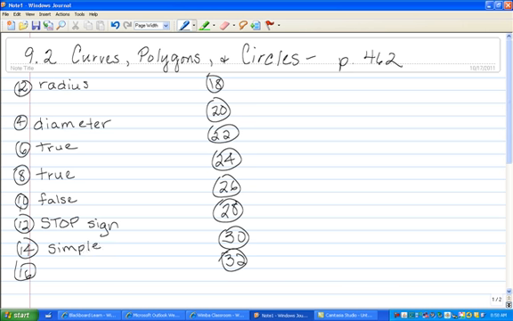It's not closed. Number 16 is simple and closed, so that one's both. Number 18, that one's closed, but it crosses over itself, so it's not simple, so it's closed. Number 20 crosses over itself, but it's not closed, so it's neither.